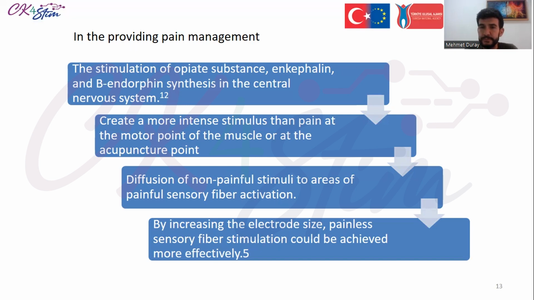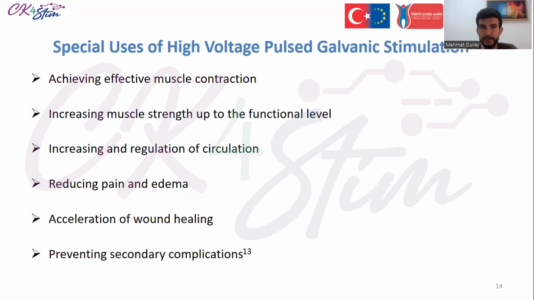The current causes diffusion of non-painful stimulatory areas over painful sensory fiber activation, and in the application, by increasing the electrode size you can achieve more effective painless sensory fiber stimulation.